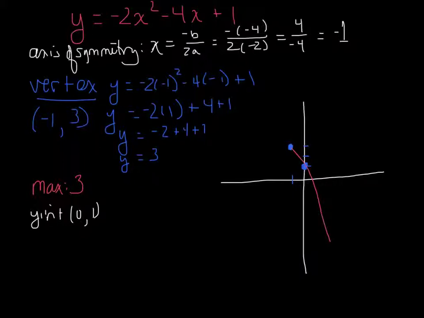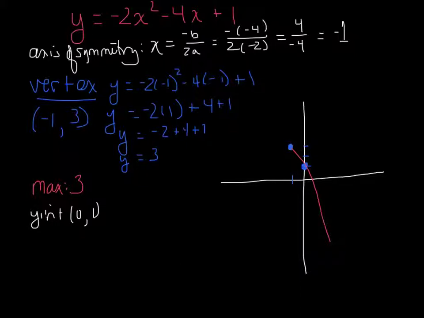How I graph the other half is understanding that this axis of symmetry that I solved for, where I came up with x equals negative 1, is a line where symmetry means something is the same on one side as it is on the other.